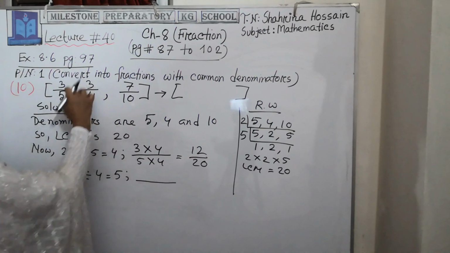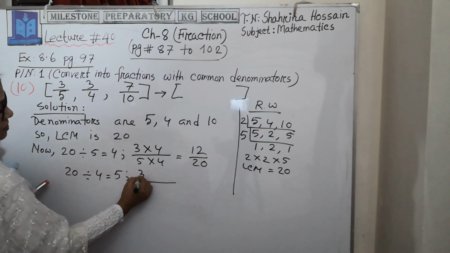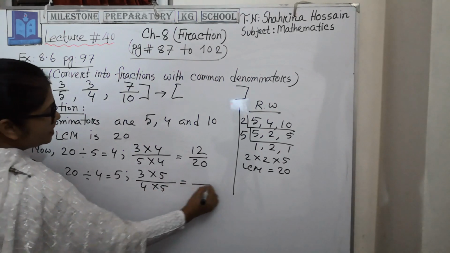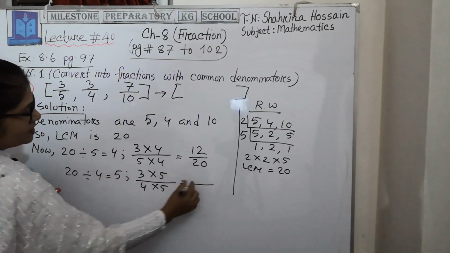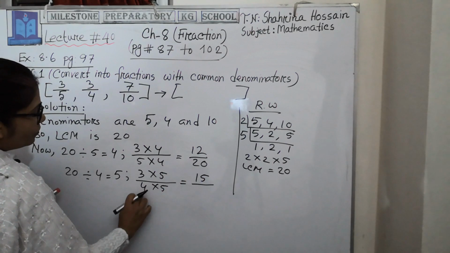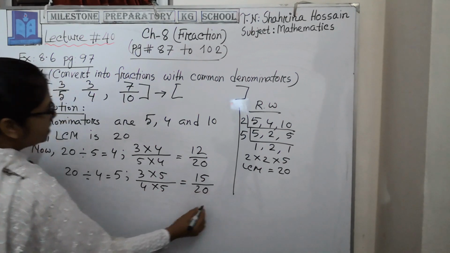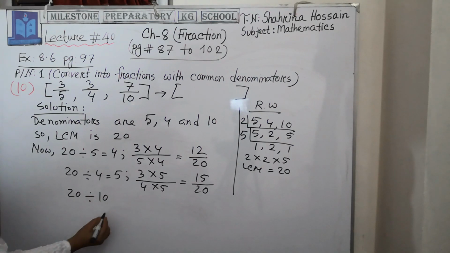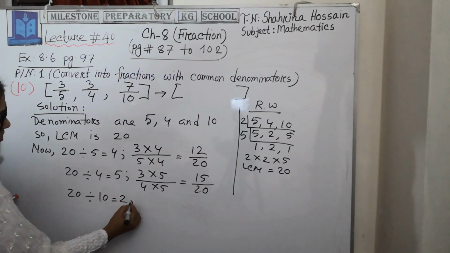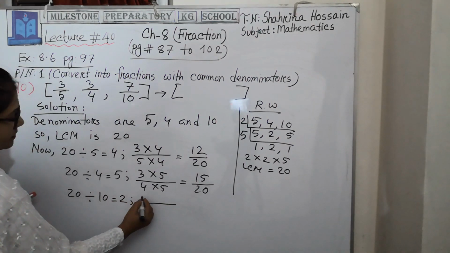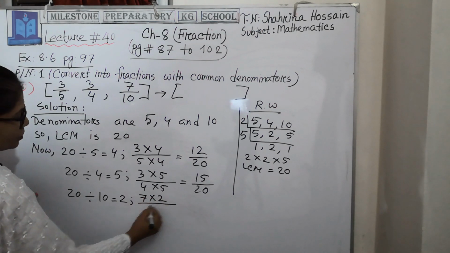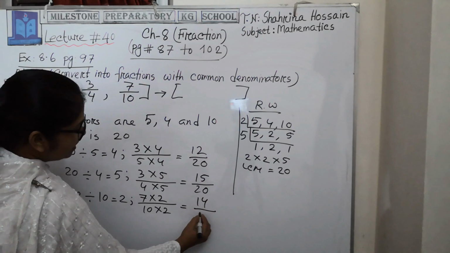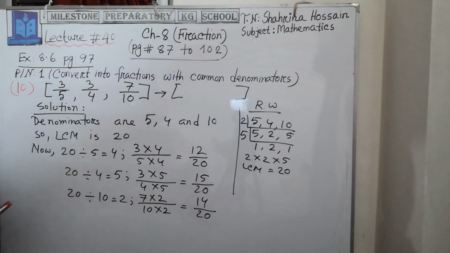Again I will multiply the whole fraction. 3 into 5, 4 into 5. So 3 5s are 15, 4 5s are 20. Now last one, 20 divided by 10, my answer is 2. Again we will multiply 7 into 2, then 10 into 2. So my answer is 14 by 20.